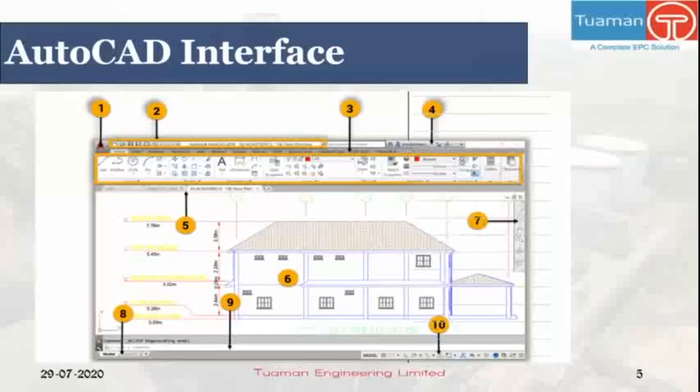Seventh is View Cube and Navigation Tools. It allows to choose and adjust a model's viewpoint. Eighth one is Layout and Model Elements. It allows selecting and switching between different layouts and model views. Ninth one is Command Line.